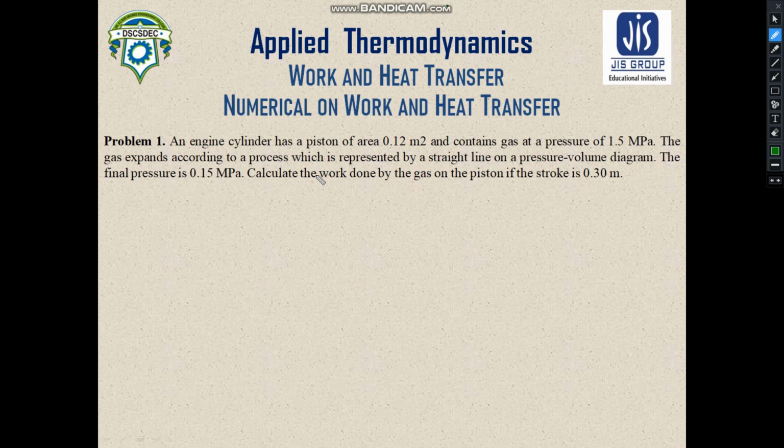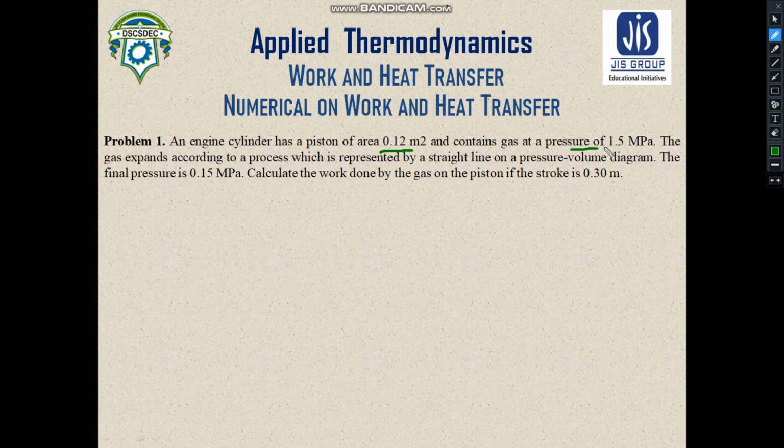The gas expands according to a process which is represented by a straight line on a PV diagram. The final pressure is 0.15 megapascal. Calculate the work done by the gas on the piston if the stroke is 0.30 meter.